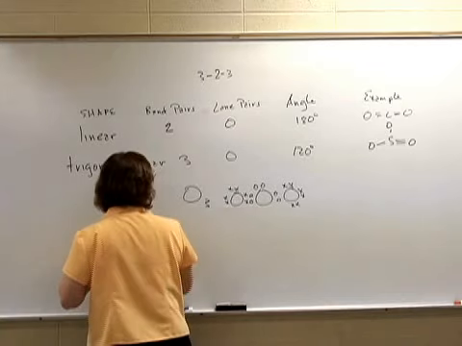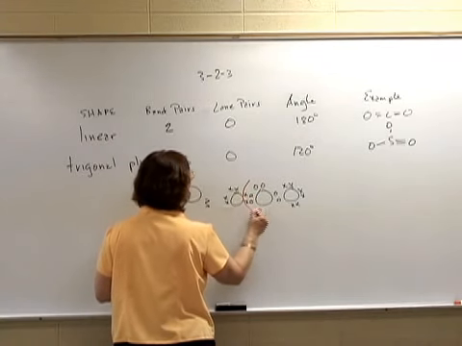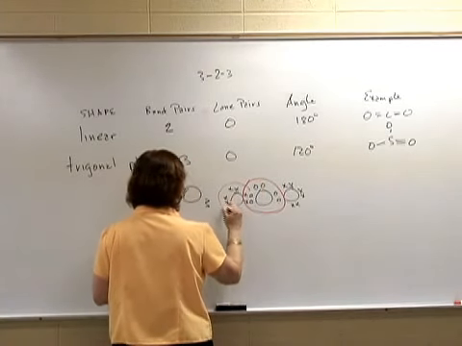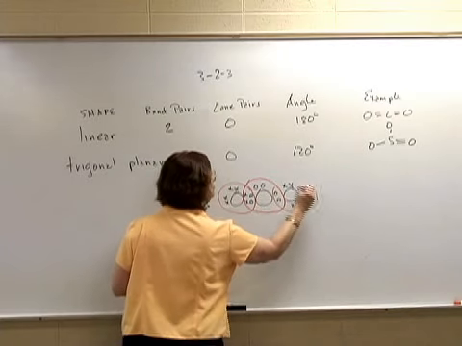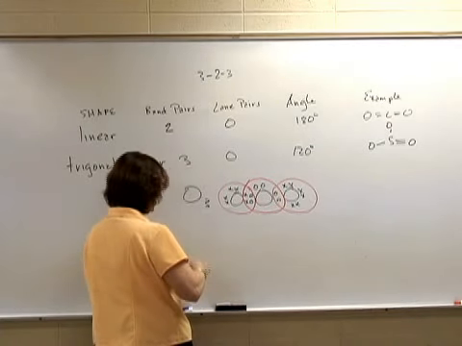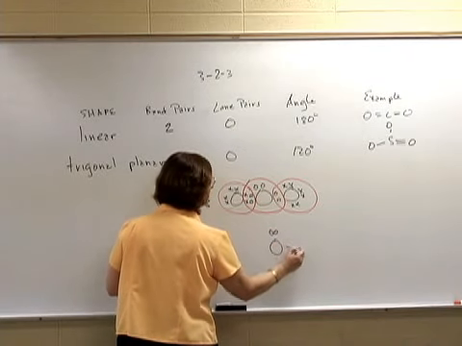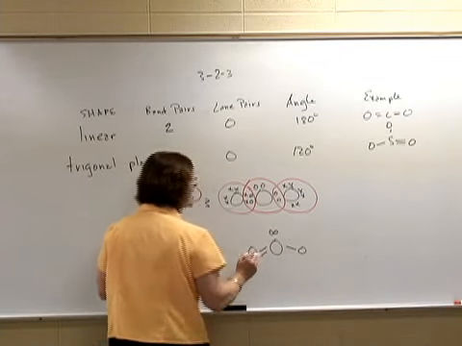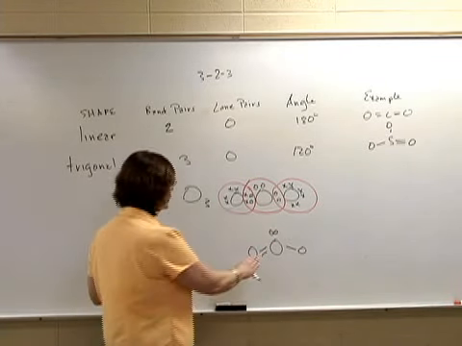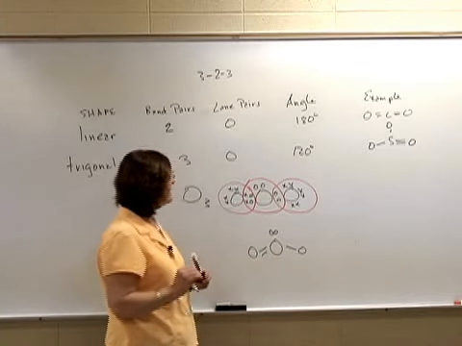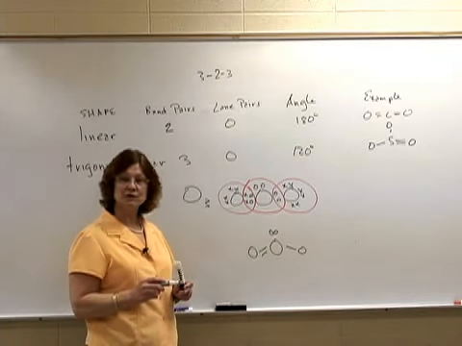And then I have my octet around everything, 8 around here and 8 around each one of the oxygens as well. And if I were drawing a line diagram, it would look like this. Now, because I could have put the double bond here or on the other side, that is a resonance structure.